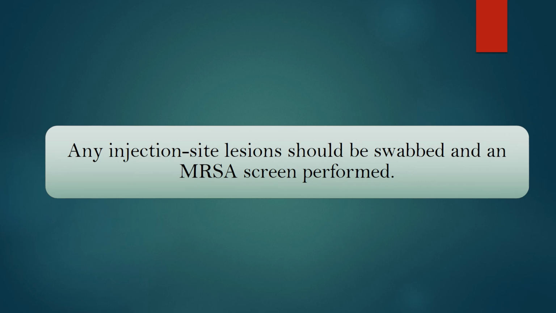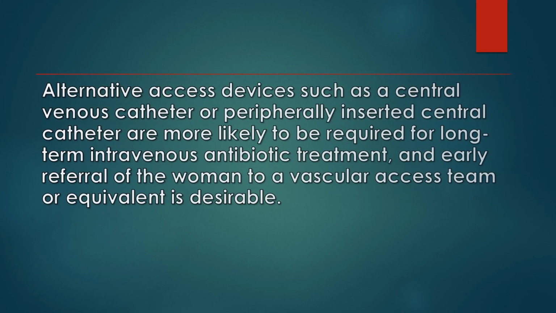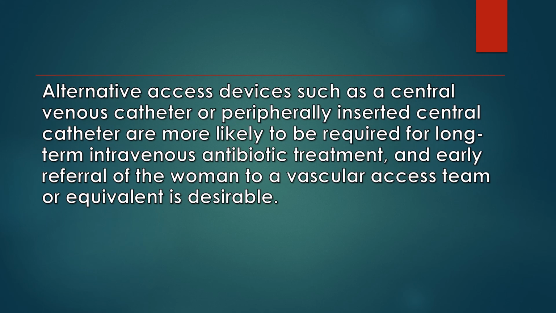Any injection site lesions should be swabbed and an MRSA screen performed. Alternative access devices, such as a central venous catheter or peripherally inserted central catheter, are more likely to be required for long-term intravenous antibiotic treatment, and early referral of the woman to a vascular access team or equivalent is desirable.